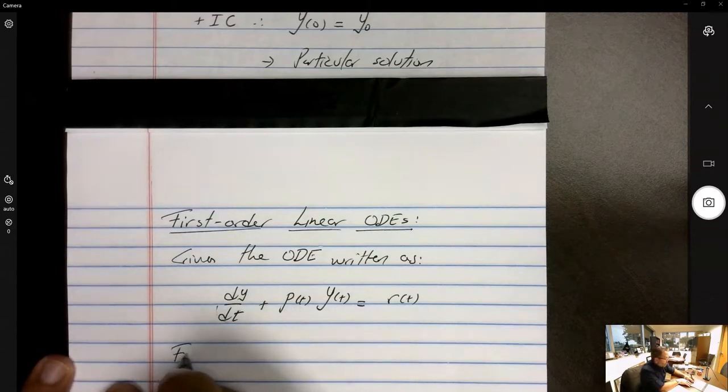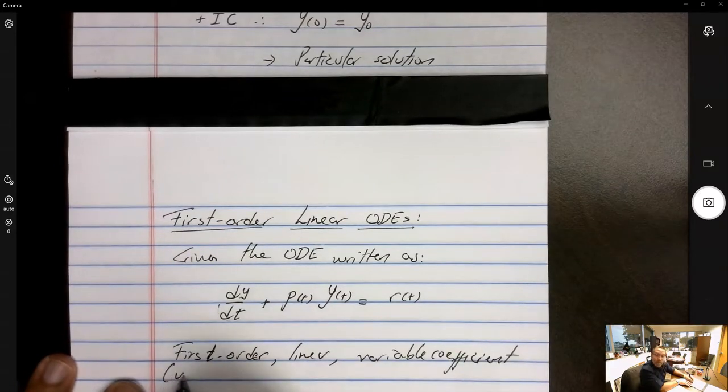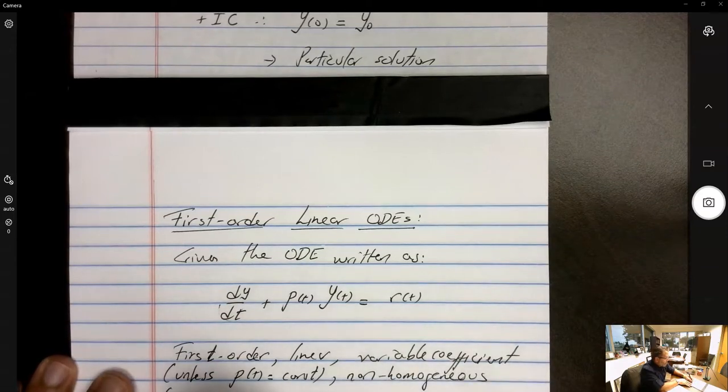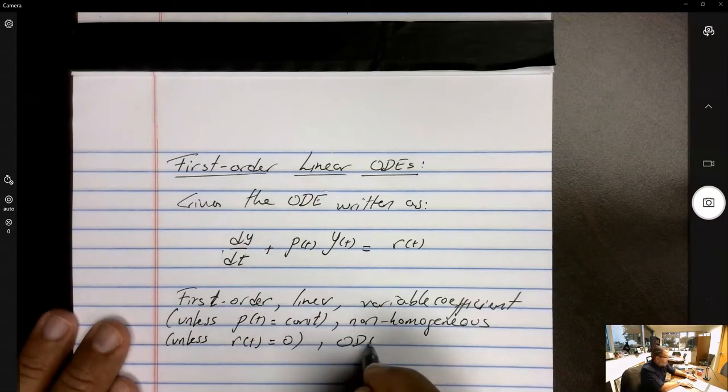So this is a first order linear variable coefficient, non-homogeneous ODE, unless p of t happens to be equal to a constant, and unless r of t happens to be 0, which would make it homogeneous.